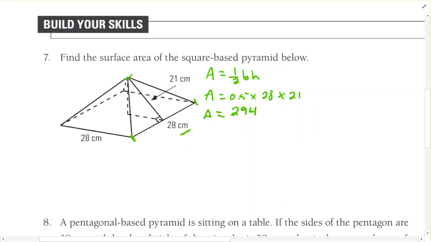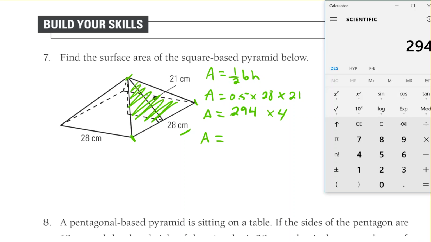So 294 for the surface area of one face. So if I want the surface area of all 4 of those faces, which are all exactly the same, right? Then I'm just going to take this number and multiply it by 4. So area of all 4 of them is going to be that, and then just times 4.